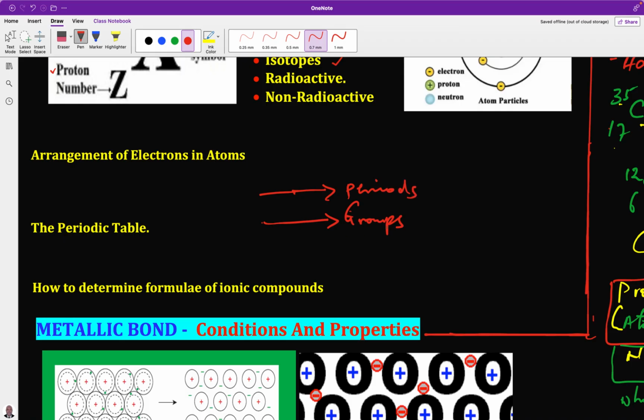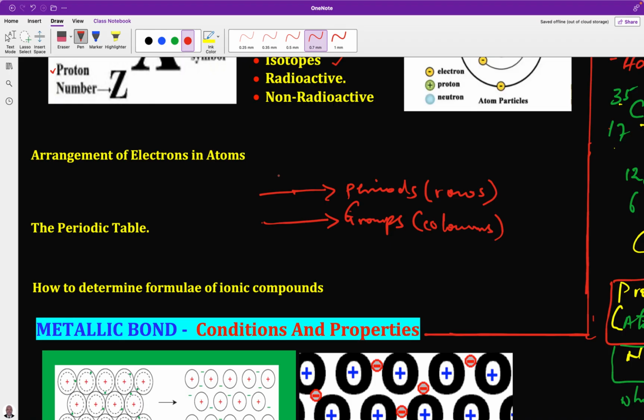As you go down, the columns are the groups, and the periods are the rows. So the periodic table is arranged into columns and rows: the columns are the groups and the rows are the periods.